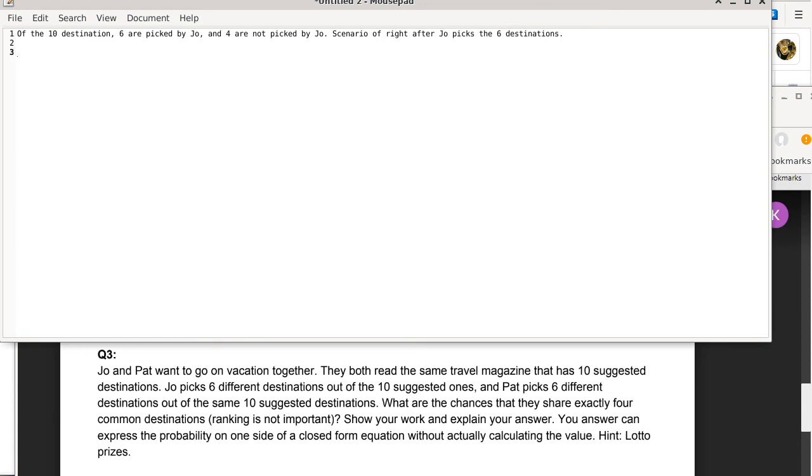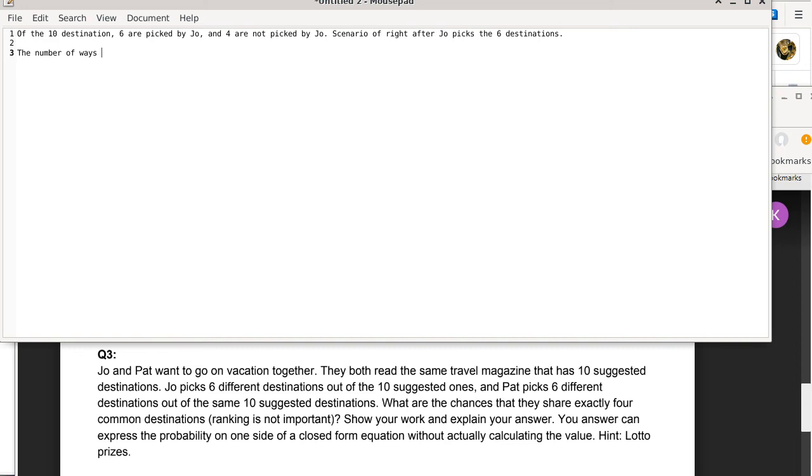So now the question is, when Pat is picking the 6 destinations, what is going to happen? Because we are specifically asking that they share exactly 4 common destinations. So in order for that to happen, once again it's a counting problem first, and then it becomes a probability problem.